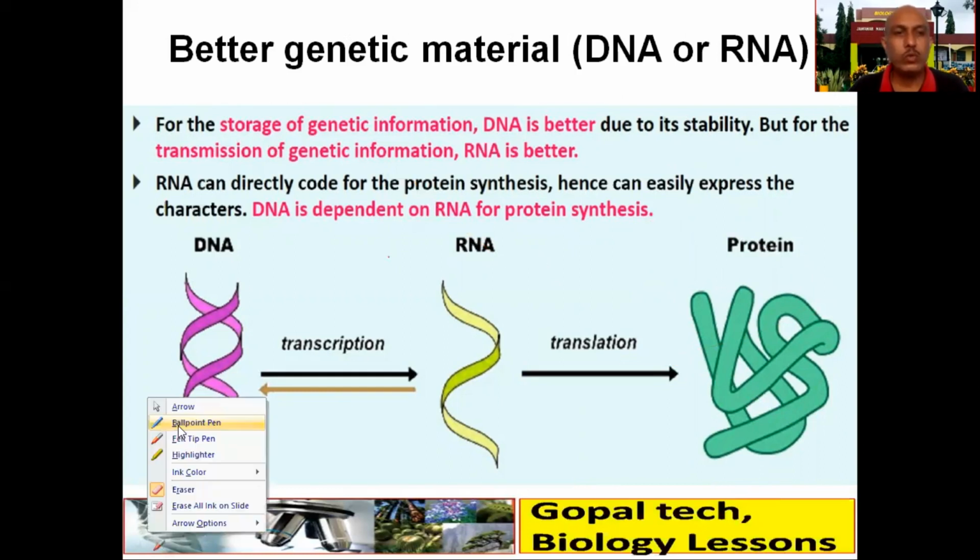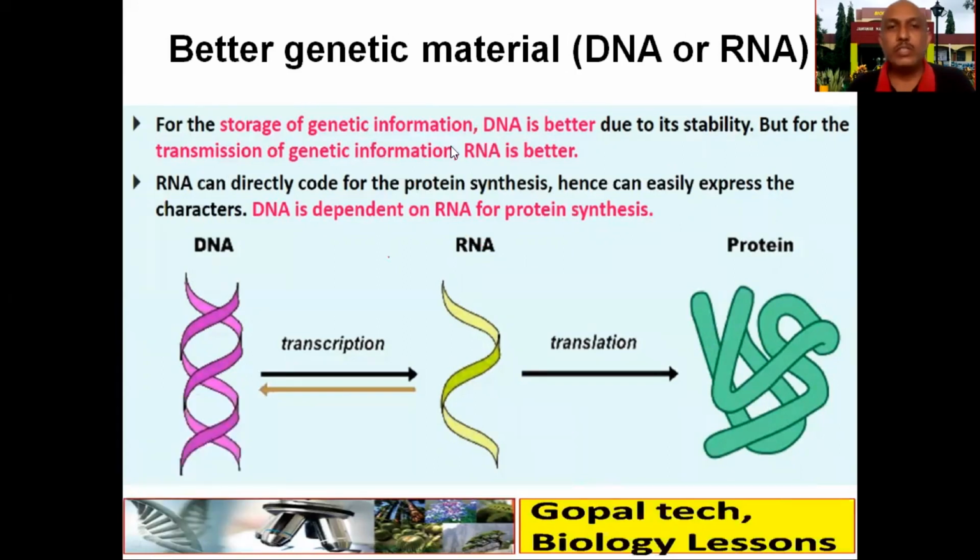Here we can conclude that for the storage of genetic information, DNA is better due to its stability, but for the transmission of genetic information, RNA is better because it directly codes for the proteins. RNA can directly code for protein synthesis, hence can easily express the characters. Therefore, DNA is dependent on RNA for protein synthesis.